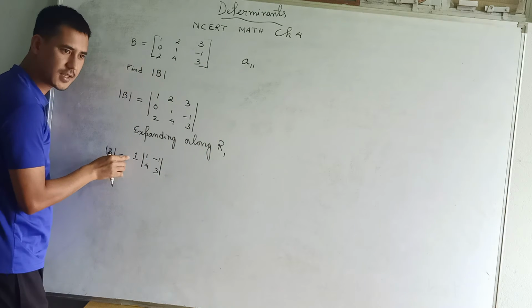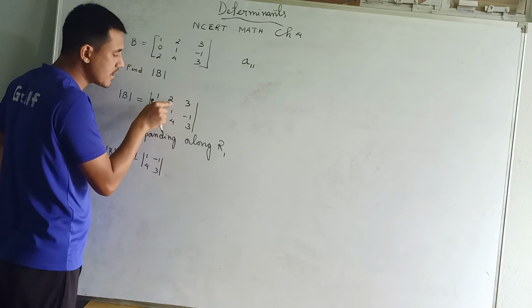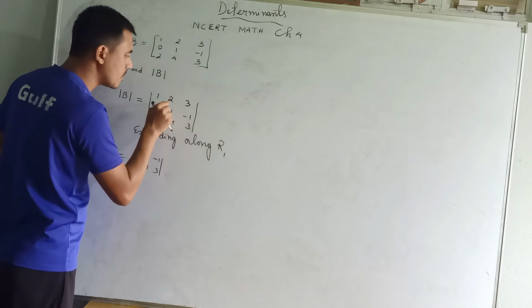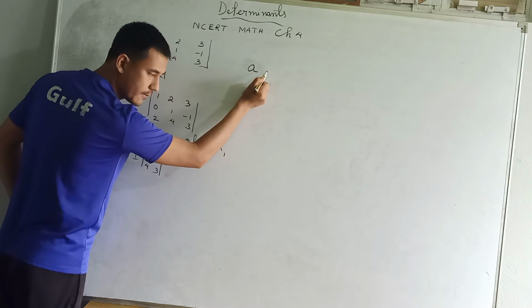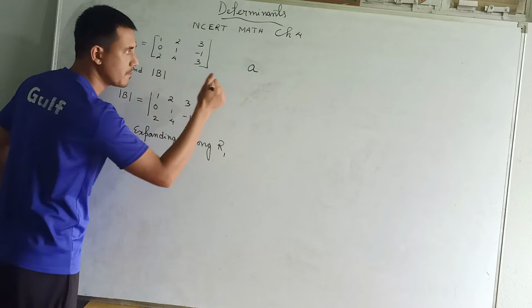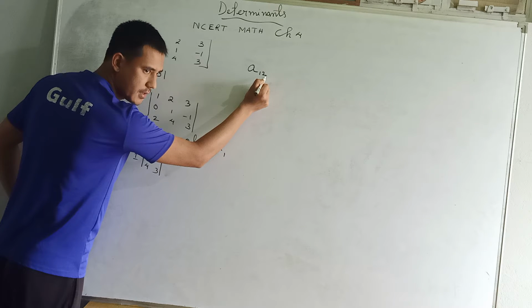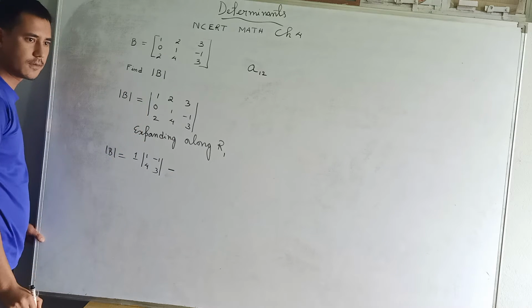So we take a positive sign. Now, the next element of your first row is 2. This element is in the first row and second column. 1 plus 2, 3, odd. If it is odd, then I will write minus there.